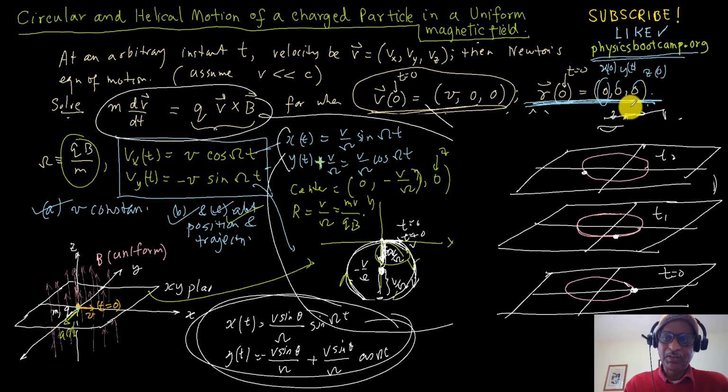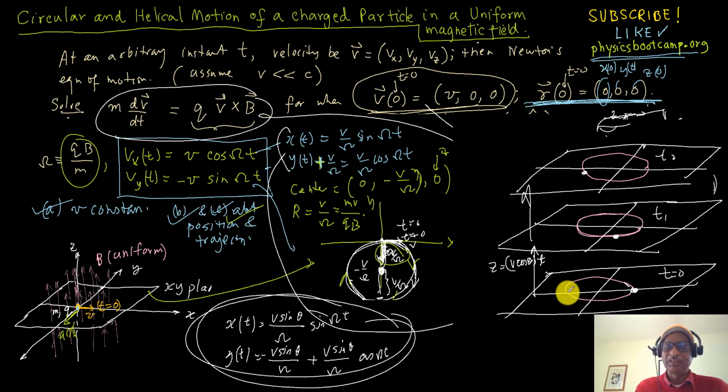If you look down at the projection, it is still a circle, but this plane is moving, and the rate it is moving is the z coordinate. Z equals V cosine theta times t. So the z-axis is moving with time. Okay, so this is the helical path.